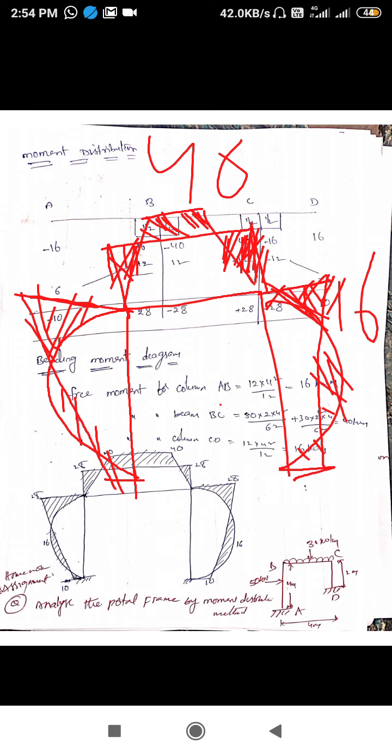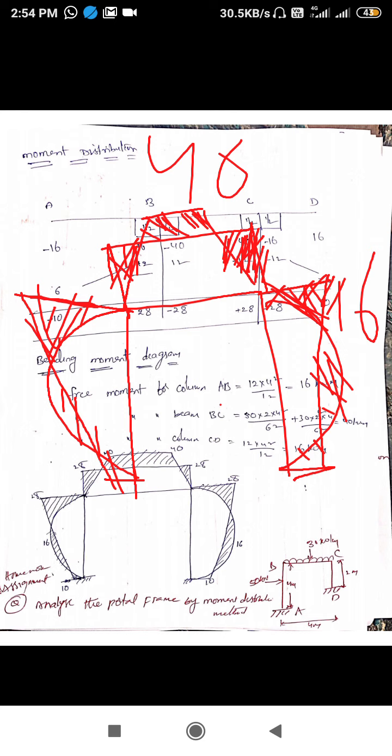CD has no force, but the length is 4 meter. You can find out the moments for this particular portal frame by using the moment distribution method. So that is your assignment question.